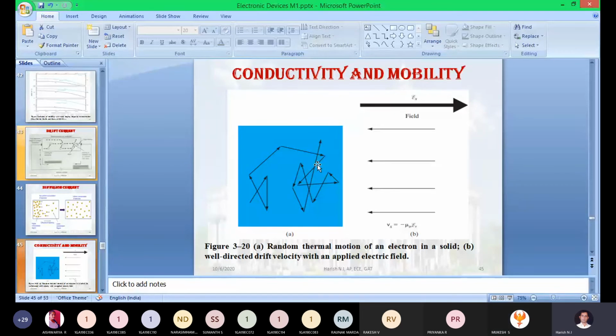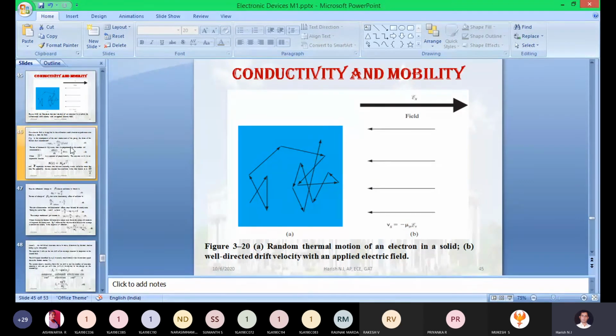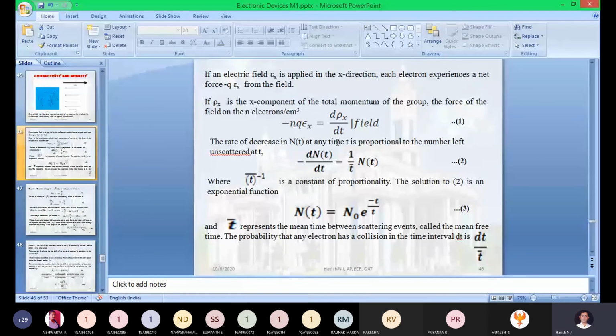If I want to represent the same concept I have said so far in a mathematical form, I will represent it like this. Minus n q epsilon x is equal to d rho x divided by dt.